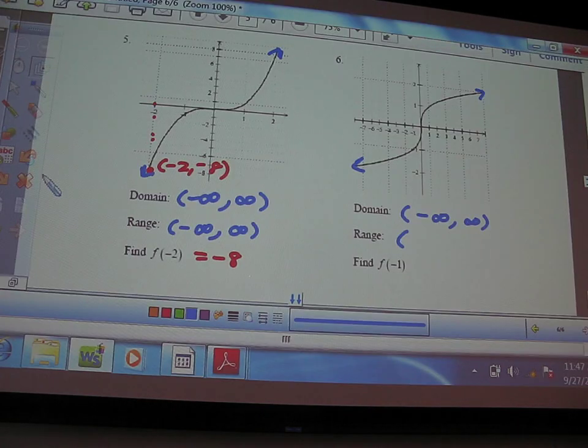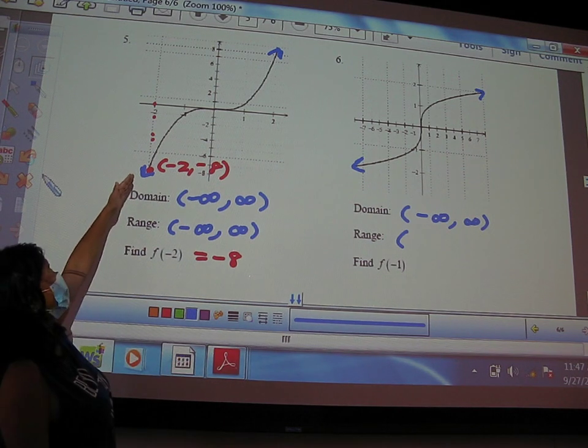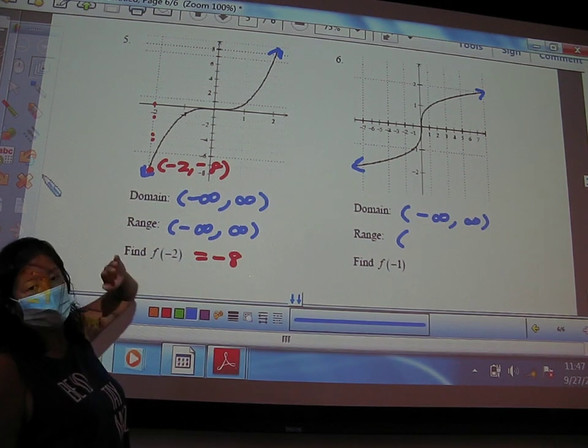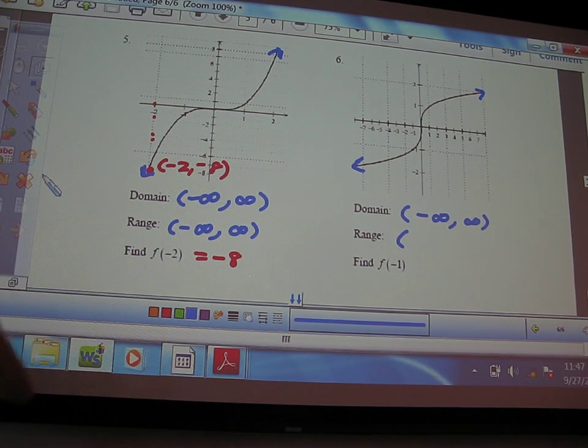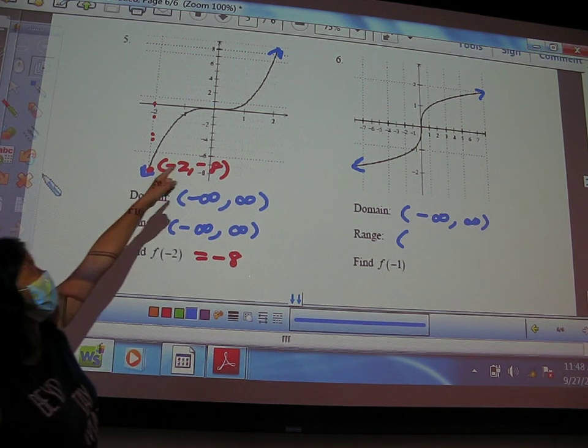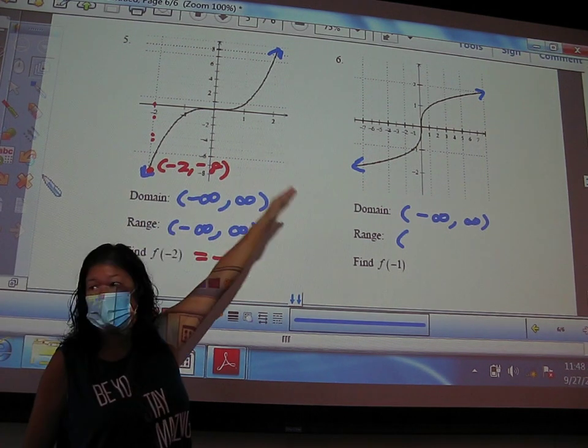So I guess what I'm saying is, you need to trust that if this is going even slightly to the left, it's gonna keep going on and on to the left forever and ever. And that one there, it's going slightly to the right.